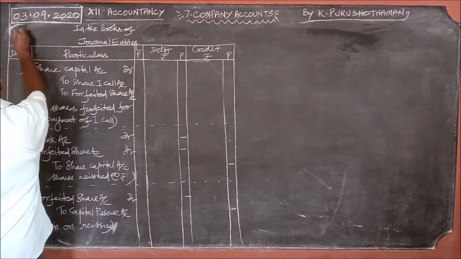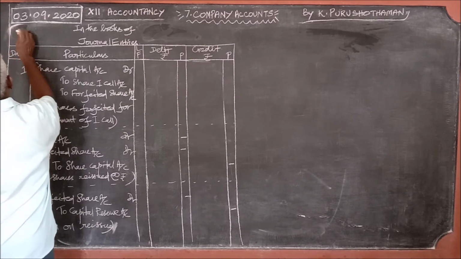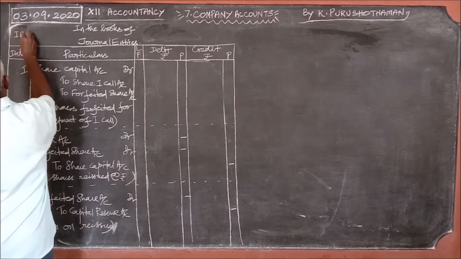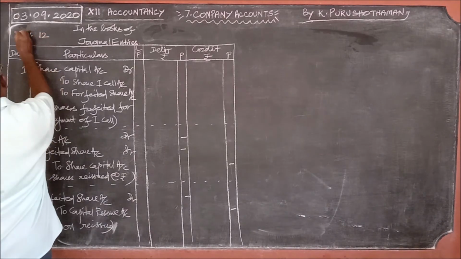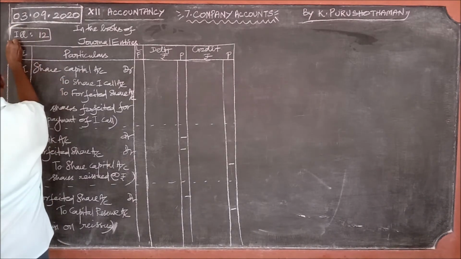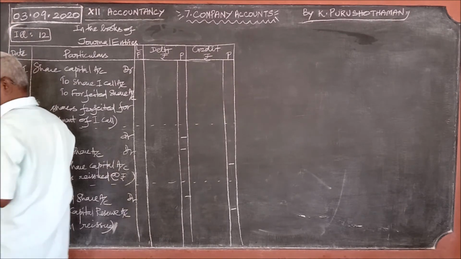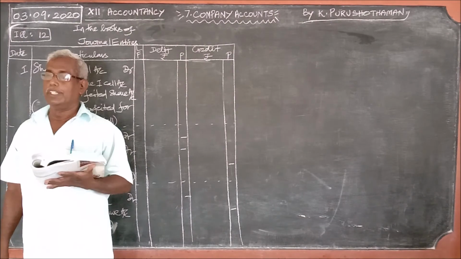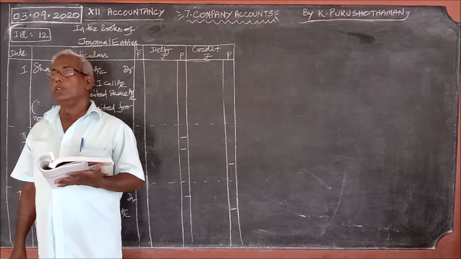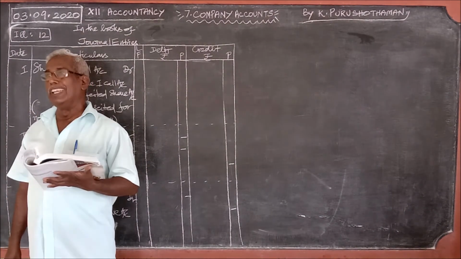Now, the same modern problem, but it is illustration 12. This is illustration 12, and it is given in the book itself. The answers are given, but you may not know how the figures are filled up.